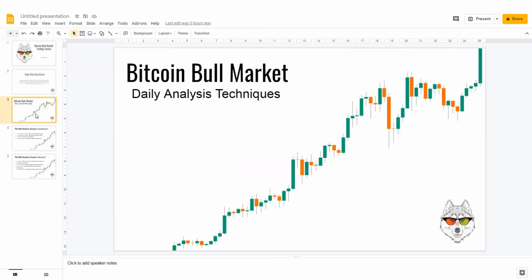So it's not really a long-term analysis. I would say it's more of an interweek analysis, and it is really tailored towards the bull market environment. These principles can apply in other situations as well, but they're most effective in this type of volatile market environment.